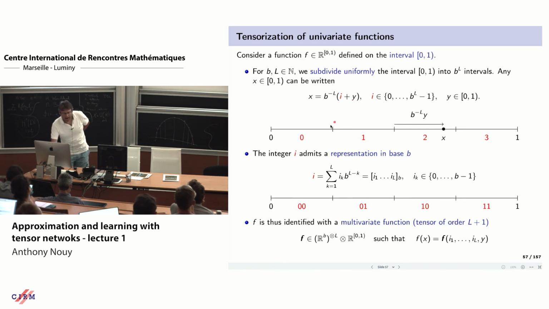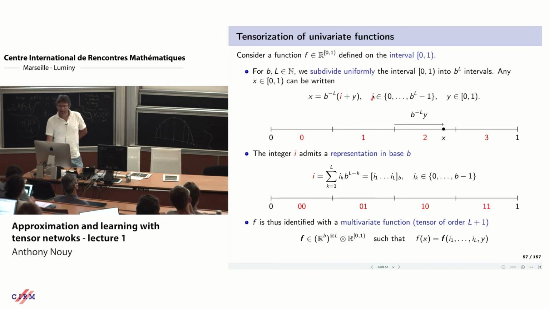The integer I just locates in which interval you are, and the y is a local variable that tells you where you are in the interval, okay? So it's a parameterization of the interval, a variable in 0, 1 with a few integers between 0 and b minus 1 and one variable in 0, 1. Okay?